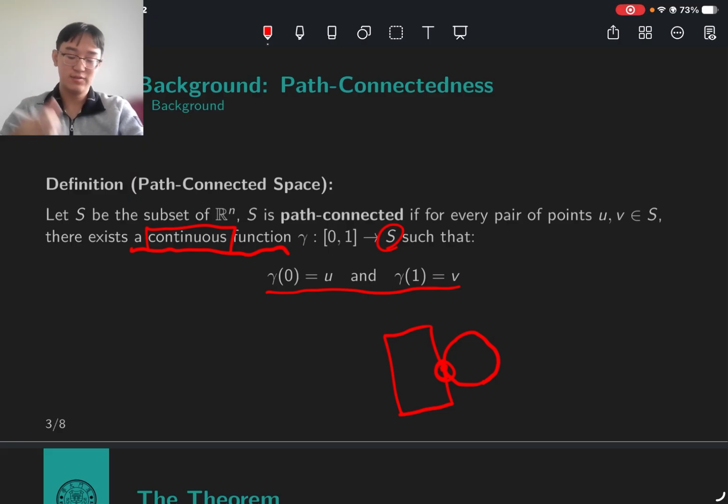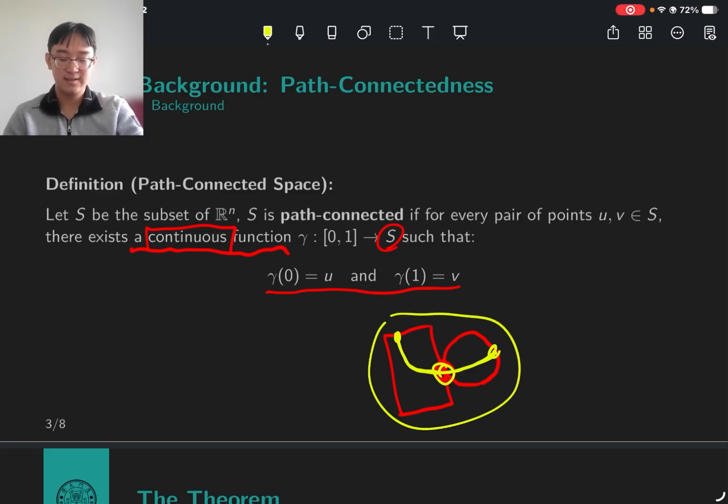If we take two arbitrary points, for example here and here, we cannot connect them without going through the intersection point, but we have already taken out the intersection point. That means the line segment cannot be inside the set, so this whole shape is not path connected.